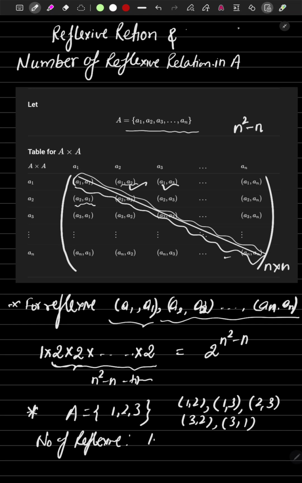So it will be 2 to the power n squared minus n: 3 times 3 is 9, minus 3 is 6. So either each of these elements will come or not, 2 into 2 into 2, 6 times, so 2 to the power 6, from the remaining 6 elements out of 9. So 2 to the power 6 is the total number of reflexive relations.